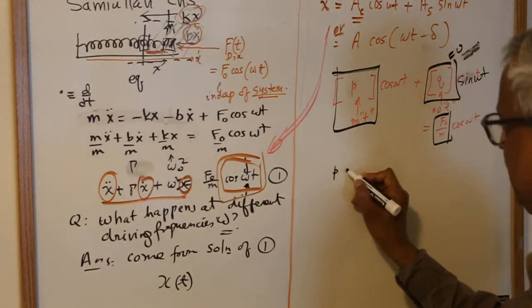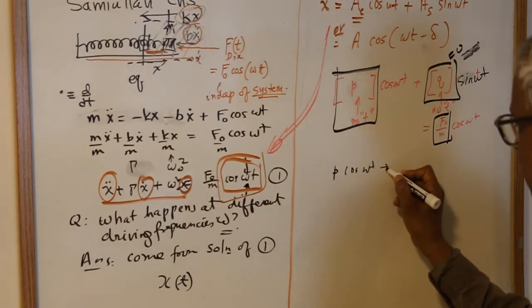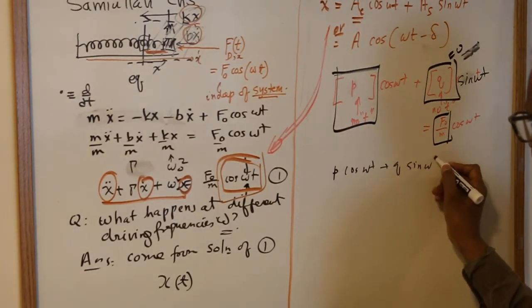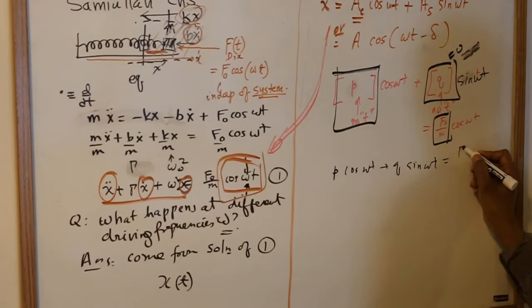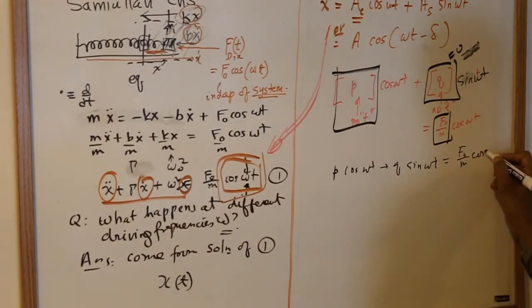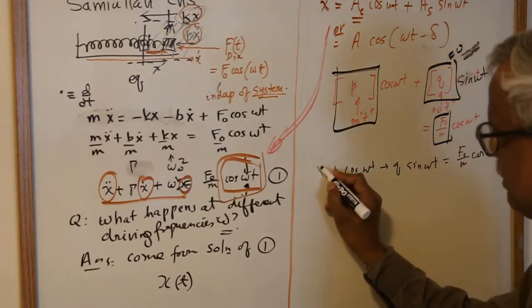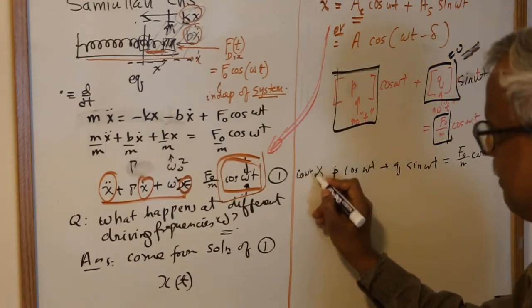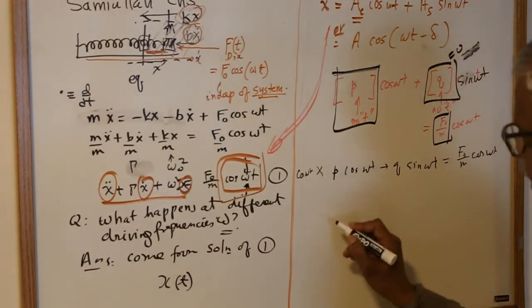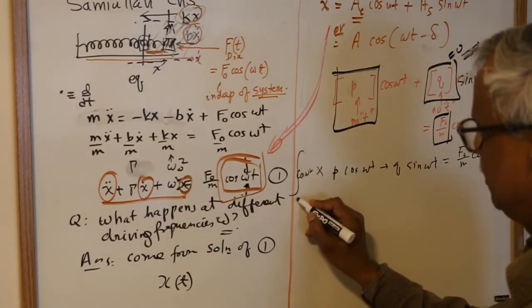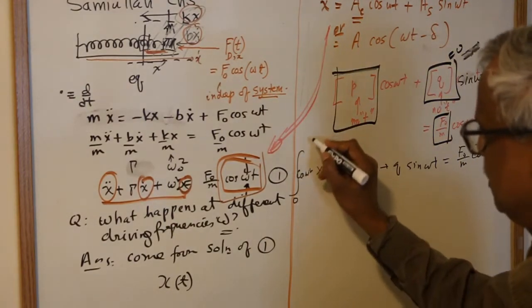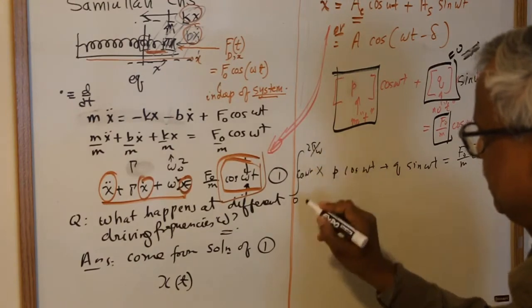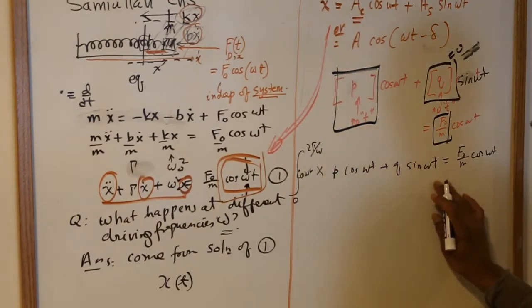So what we have is p cosine omega t plus q sine omega t equals f naught over m cosine omega t. How do I prove that? I can multiply this by cosine omega t and then integrate over t, from 0 to 1 period, 2 pi over omega. That's 1 period of this function.